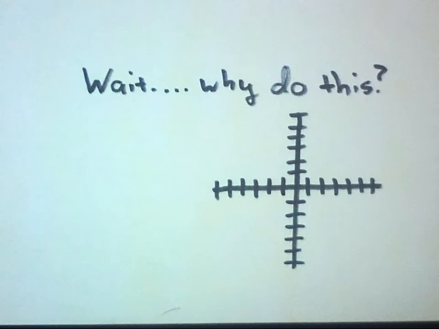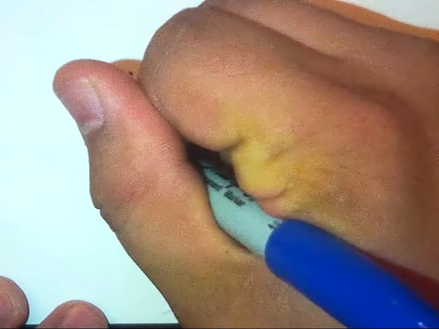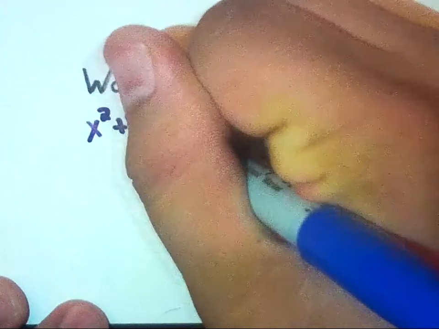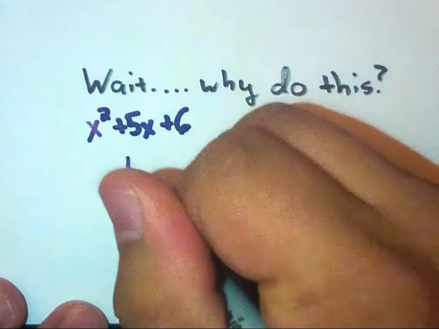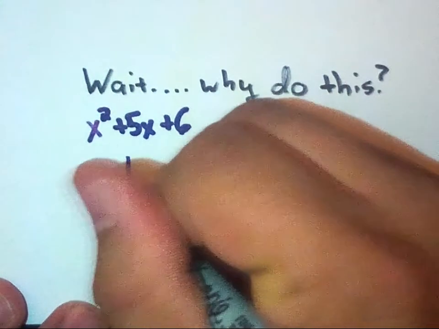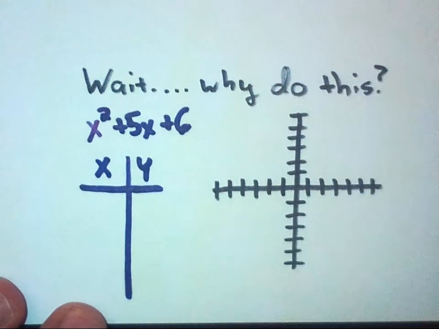So what I'm going to do is go back to a previous unit where we worked with a table. So I'm going to go ahead, x squared plus 5x plus 6. That's the polynomial we're working with here. And what I'm going to do is generate a quick table just to show you what we're working with here.